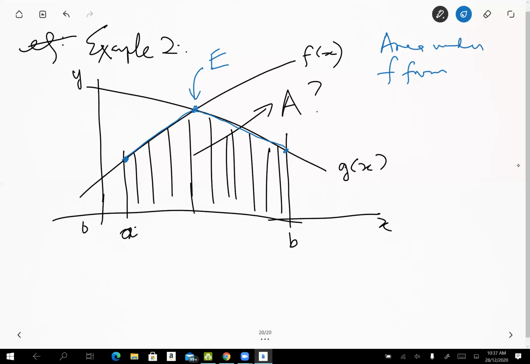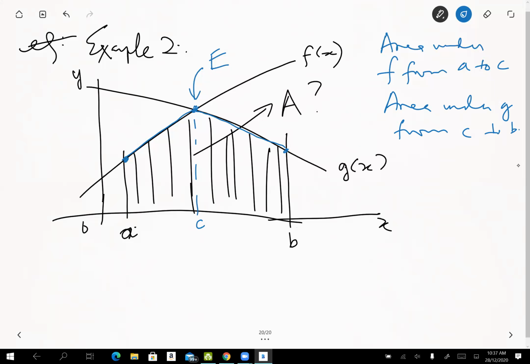From A to the point E. We call that point C, from A to C. And then what you need second is the area under G from what? From C to B.